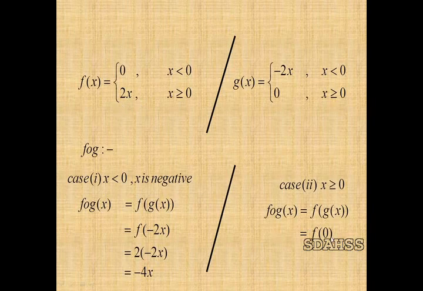Here x is 0, so here 0. Now we got two values for f dot g. If x less than 0, we got minus 4x. X greater than or equal to 0 means 0.